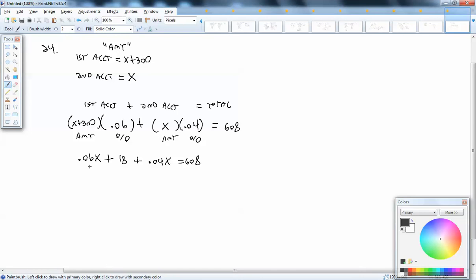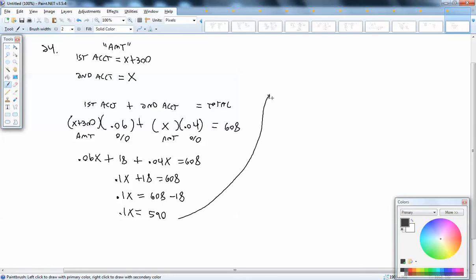Now combine like terms in a step: 0.06x plus 0.04x, which gives 0.1x, plus 18 is equal to 608. Now I'm trying to get everything with an X on one side, numbers on the other side, so I take the 18 over, becomes a negative 18. 608 minus 18 is 590.